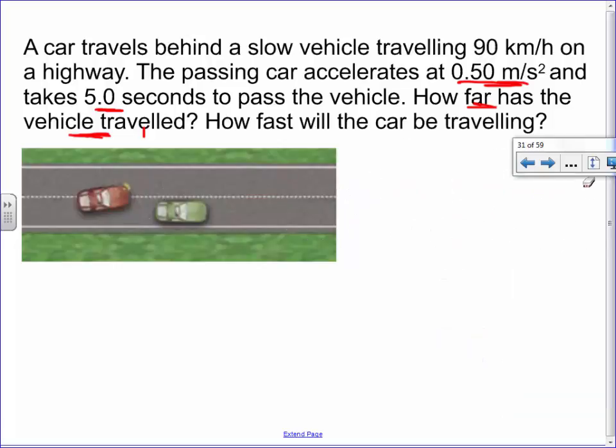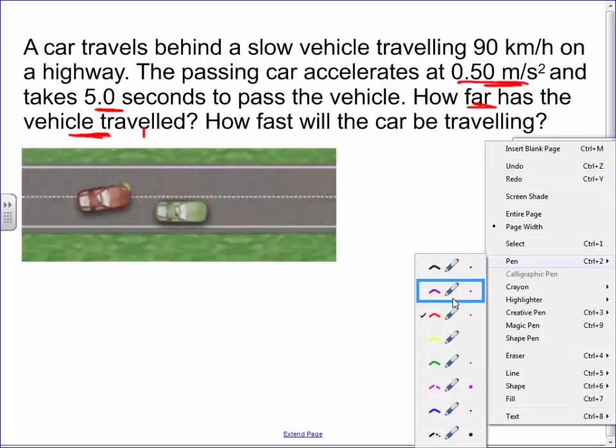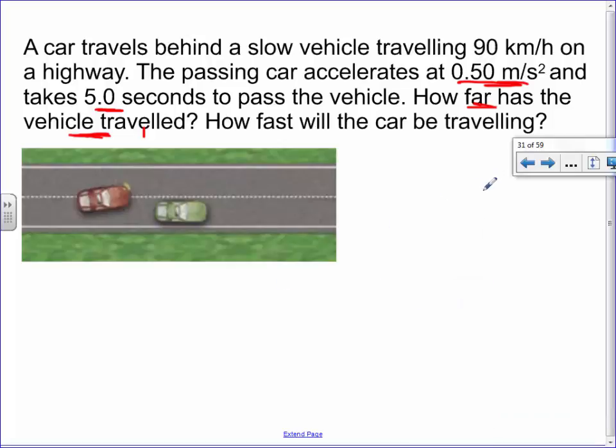So, here's how I like to show my Physics 20 kids, so I'll do the same thing with you guys. I like to write out, right off the bat, the information I have. So let's start with the first one, that 90 kilometers an hour. What kind of variable is that? Like what letter would that represent? A, D, F, A, D, E, T. Is that a speed?